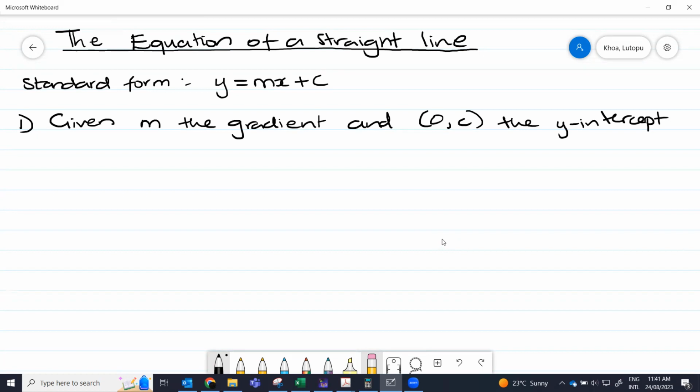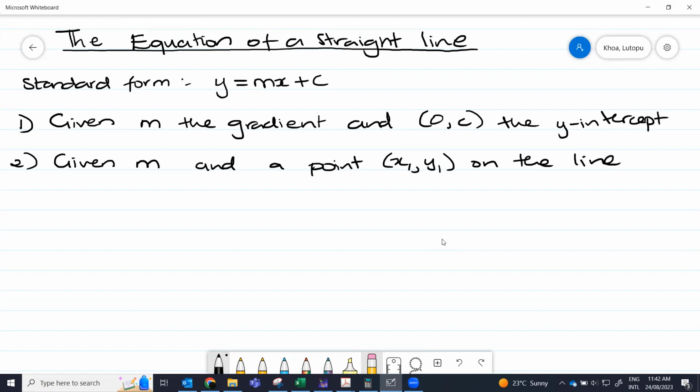Then the second way we can find the equation of the straight line is if you are given the gradient and a point on the line. This is called the one-point gradient formula.